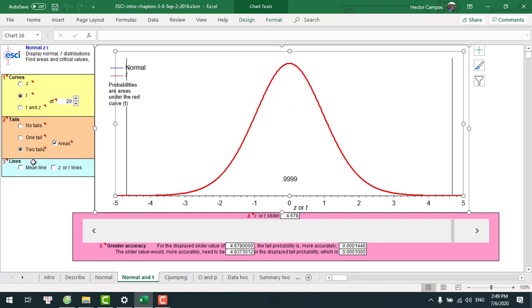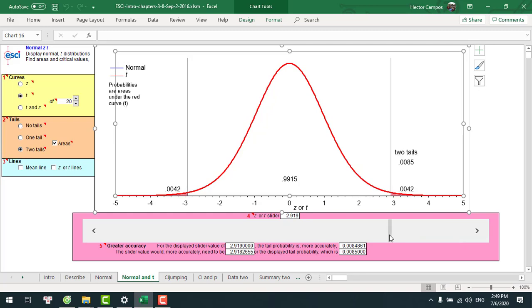And then I can distinguish areas. For example, I'm going to put 2 tails, and I am going to try to define 95% in the middle.